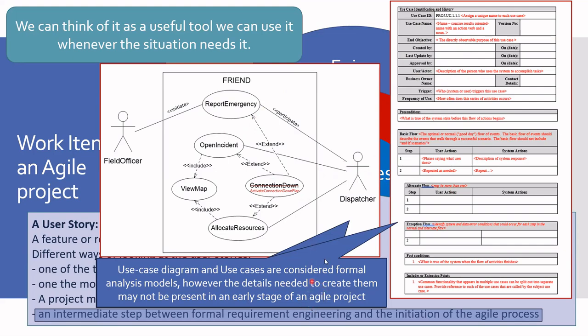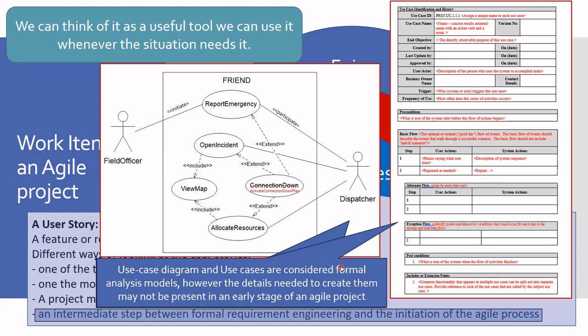But in an agile project, it might be too early in the project to know that level of detail. So you start with something simpler and more generic, which is the user story. Later, when you get to the elaboration stage, when you start your sprint and get into the details so that you start developing, then you have enough information to fill in the details.